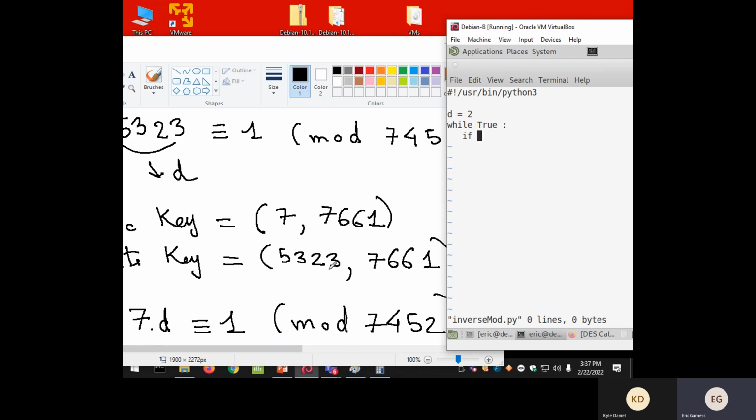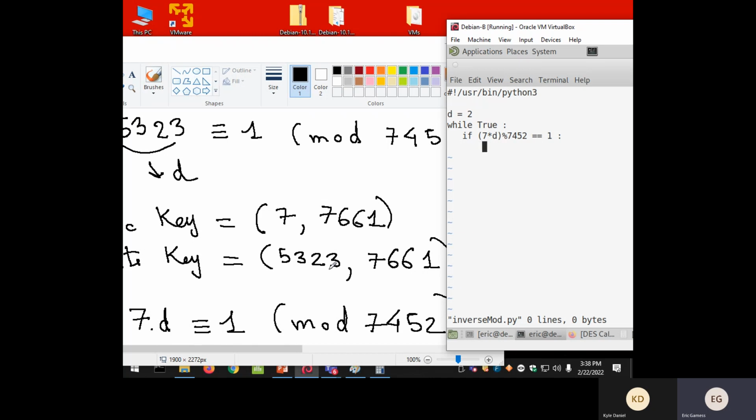So if 7 times D modulus, let me put parentheses, it's going to be more clear for you. 7 times D modulus 7452 is equal to 1, this is a solution.